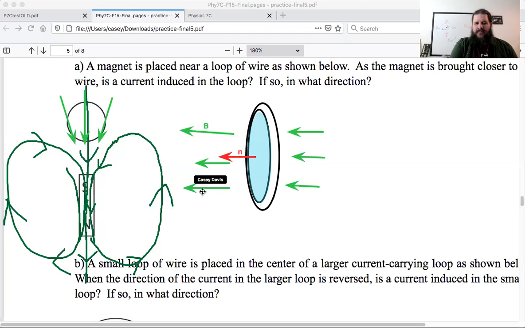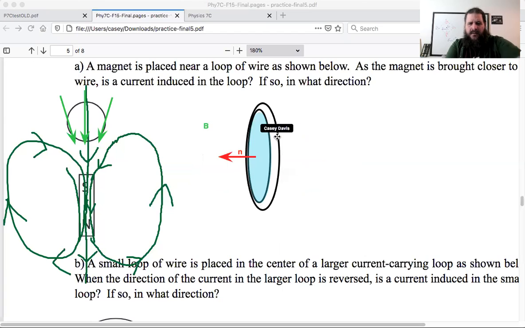And of course, it doesn't have to be exactly aligned with the magnetic field. Maybe we've got magnetic field vectors that are not in nice, neat perpendiculars to the surface. Maybe the magnetic field vectors are more like this in this region of space.